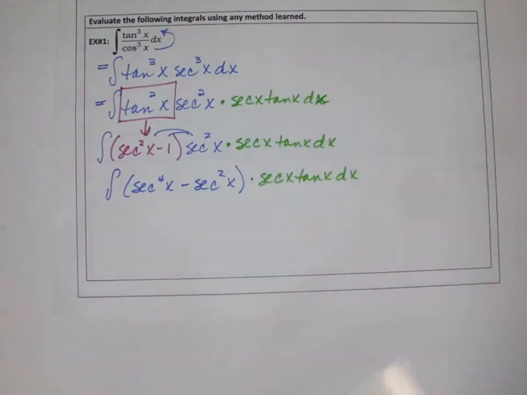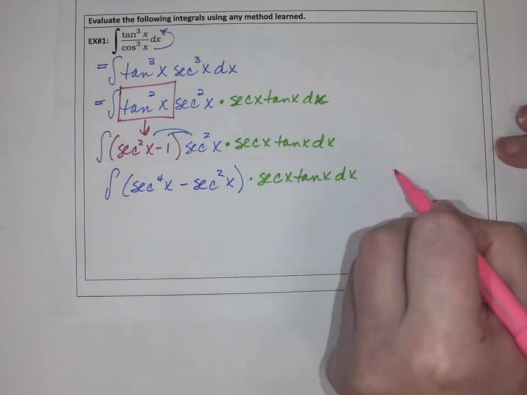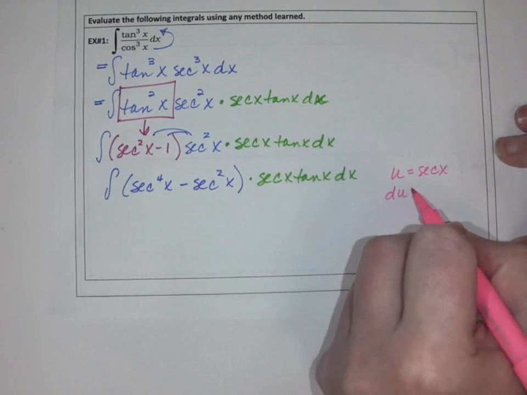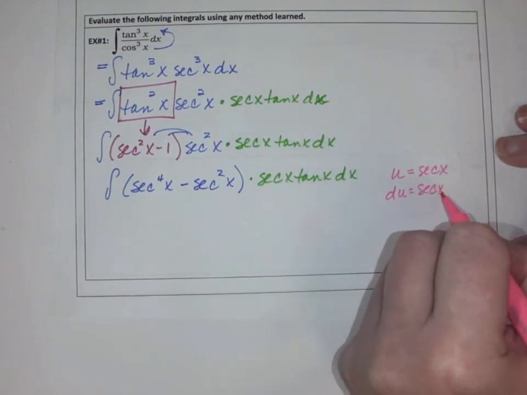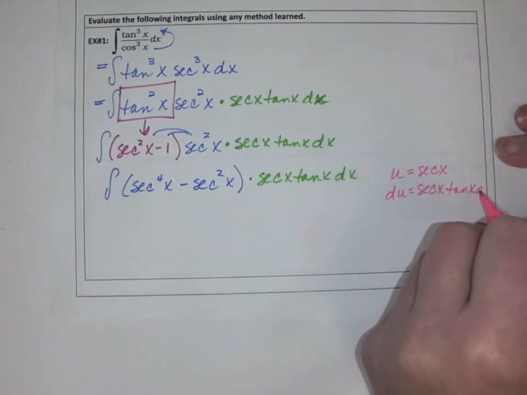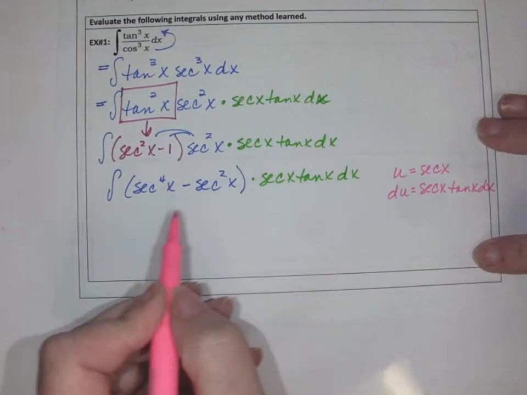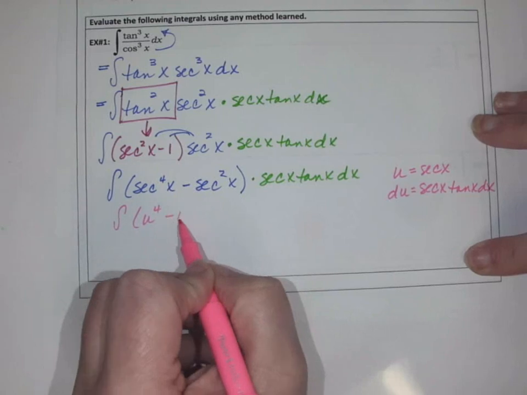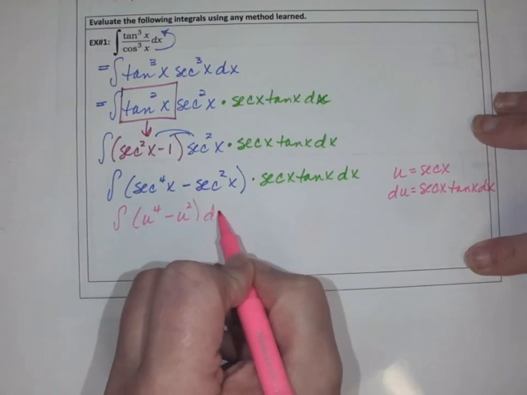So I'm going to let my u be secant x. So my du is equal to secant x tangent x dx. So if I replace, I end up with the integral of u to the 4th minus u squared du.